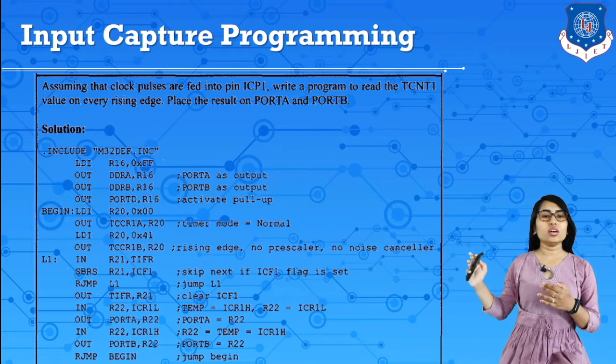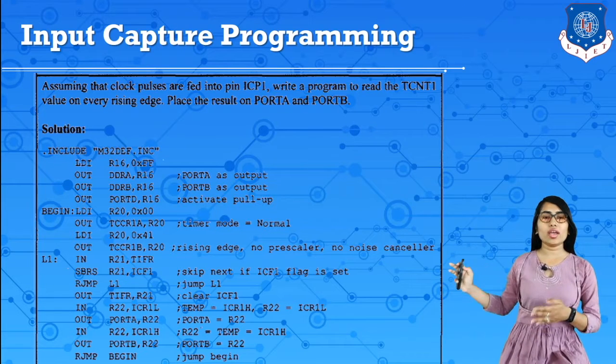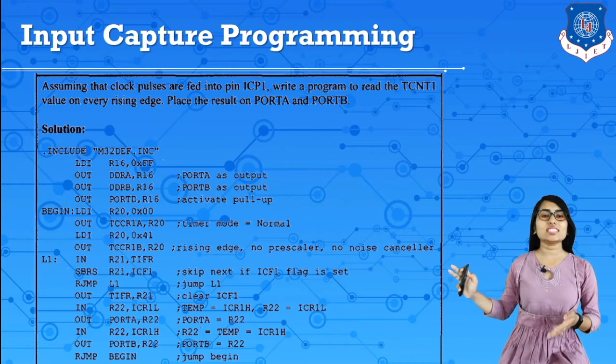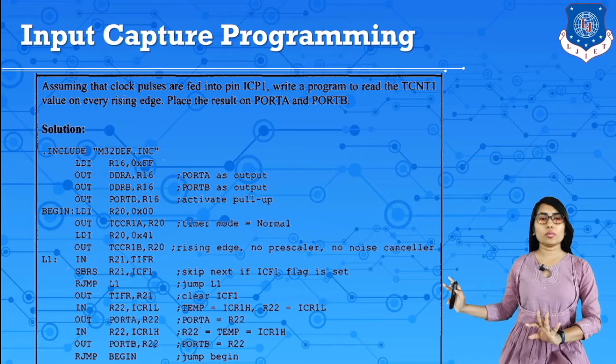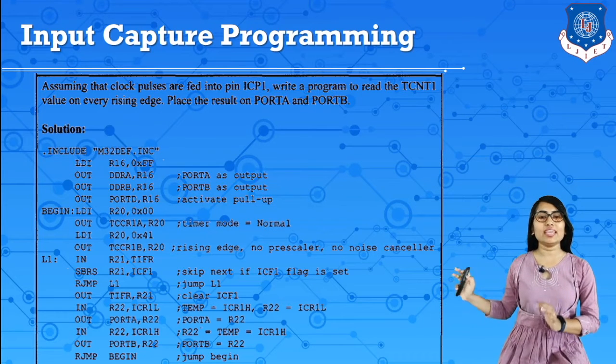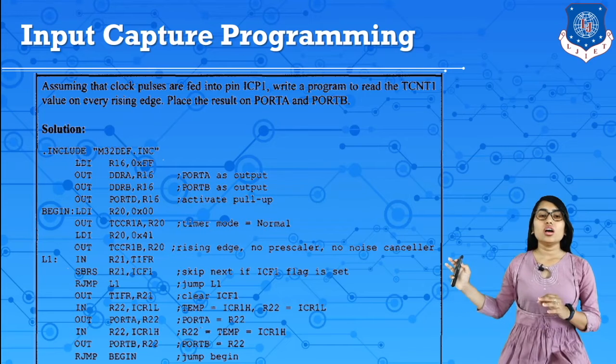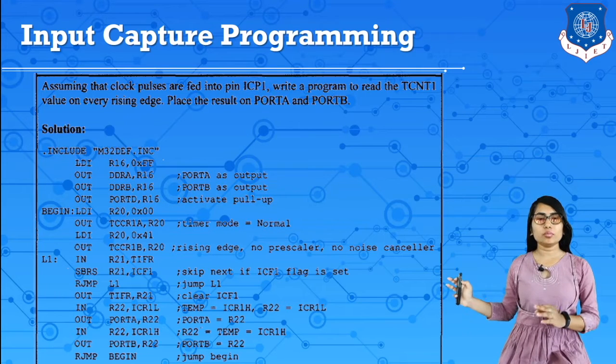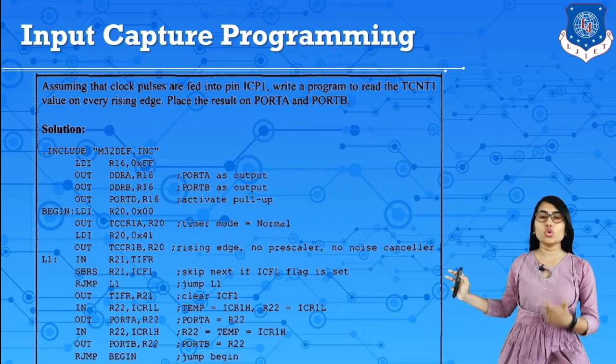Now load R20 with 0 and then copy this value into TCCR1A, timer mode normal operation. TCCR1A basically works Timer 1 in normal mode, and TCCR1B is loaded with 41H, which indicates the rising edge, no prescaler and no noise canceller.